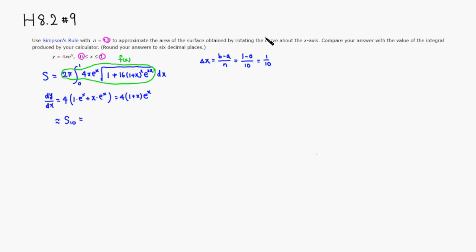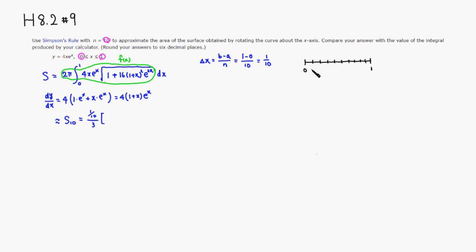So Simpson's rule goes delta x divided by 3, that's part of the Simpson's rule. Then we have an interval from 0 to 1, and n is 10, so we divide it into 10 pieces. So 1, 2, 3, 4, 5, 6, 7, 8, 9, 10.